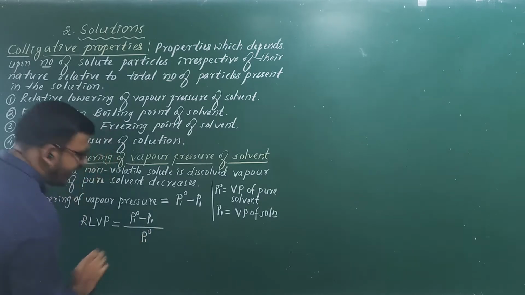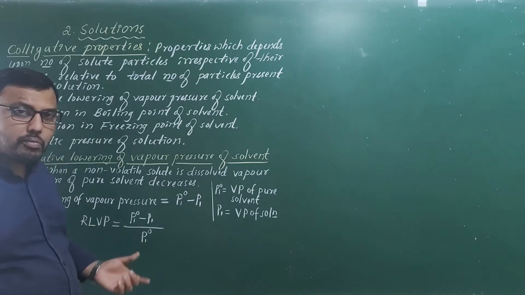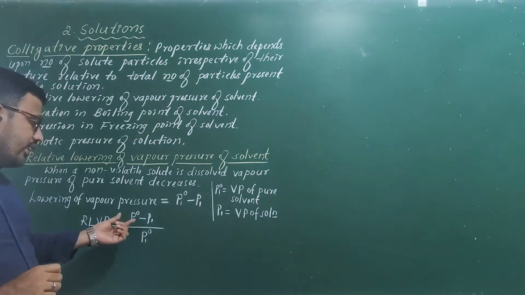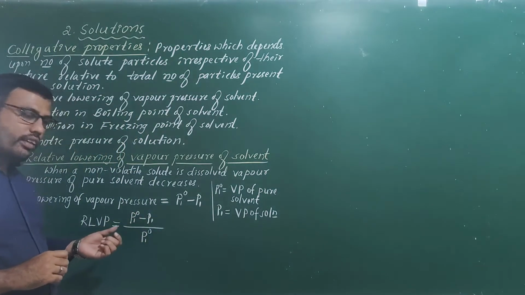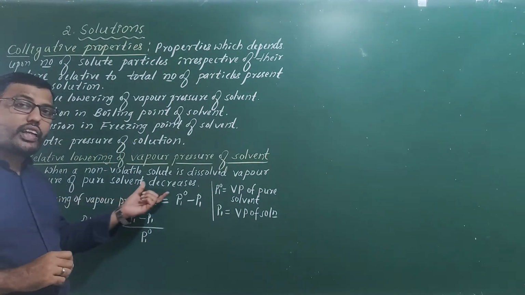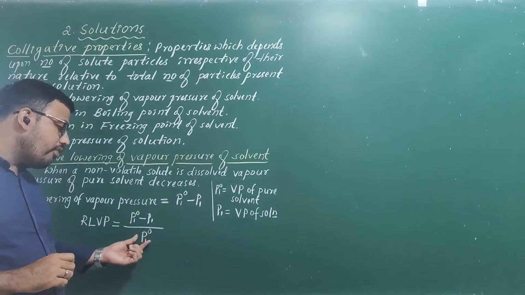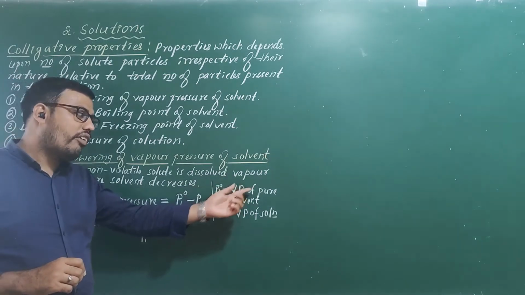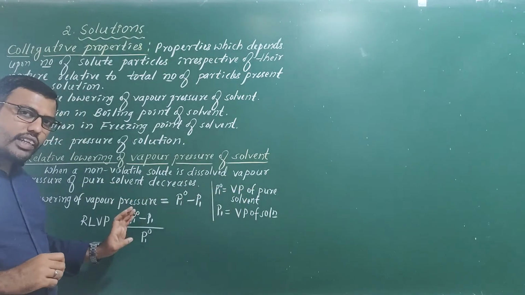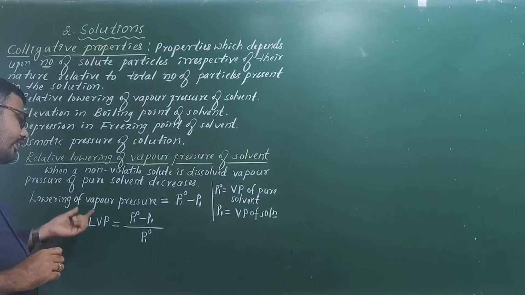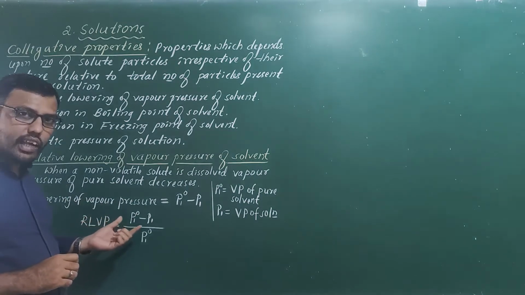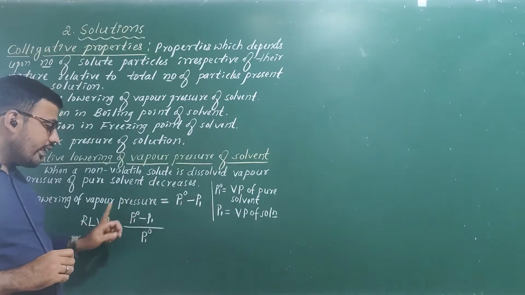Now hope it is clear. Very simple one. So what is this P1 naught minus P1? It is lowering of vapor pressure of the solution. What is P1 naught? It is vapor pressure of pure solvent. Now you can easily define what is relative lowering of vapor pressure of a solvent.